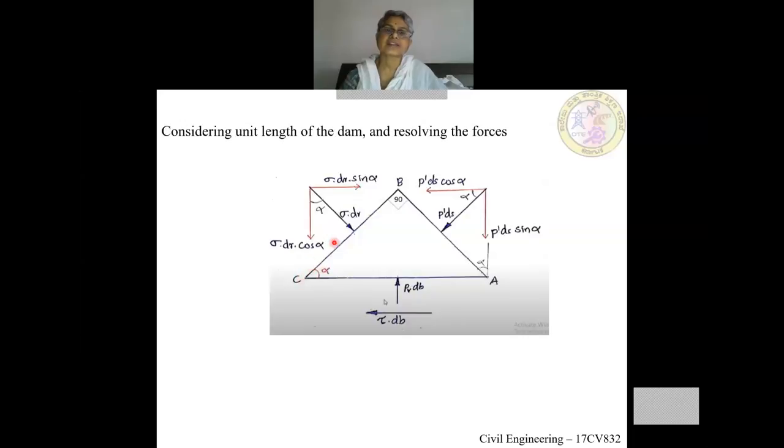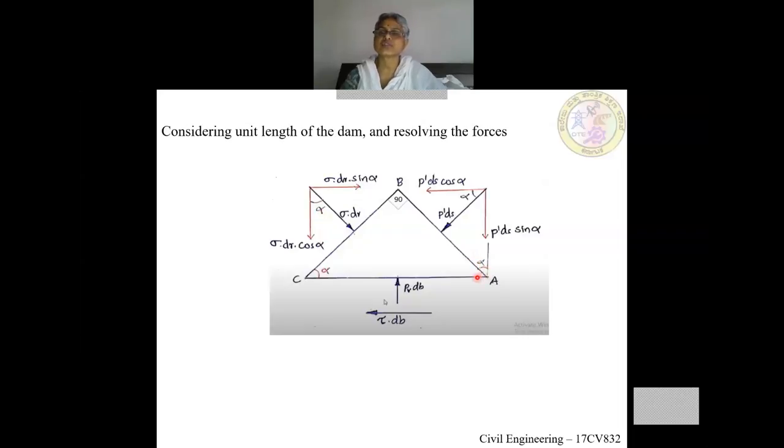So 90 minus alpha plus 90, the total sum of all the angles should be 180 degrees. So this will be alpha. So this is 90. This is 90 minus alpha. If you draw vertical here, it will be 90 minus alpha. 90 minus alpha plus 90, so the remaining angle is alpha.